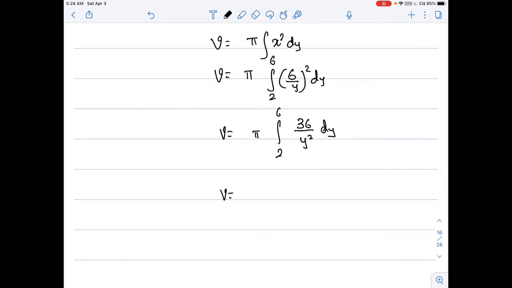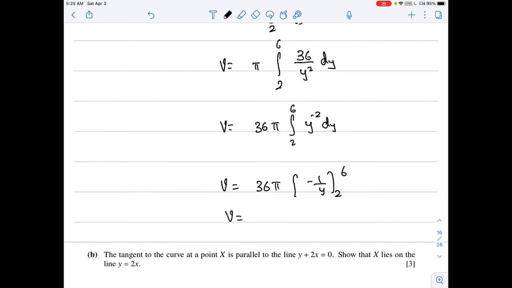So volume is equal to 36 pi, and the integral of this is minus 1 upon y, from the limits 2 to 6.